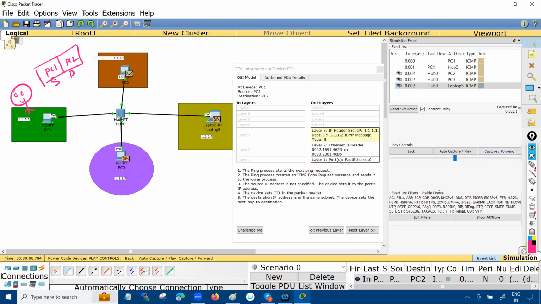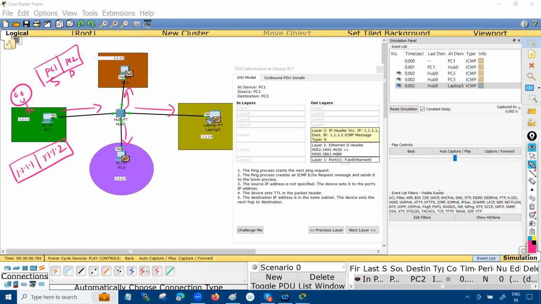My packet was sent from PC1 to PC2, right? But what happened in that case? When the hub received the packet, it sent the packet to PC2. At the same time, it sent the packet to PC3 and PC5 as well. After that, they drop the packet. The reason is that the source IP address is 1.1.1.1 and the destination is 1.1.1.2, right? So when this packet comes to this guy, he's sending the packet to this person, and this person.